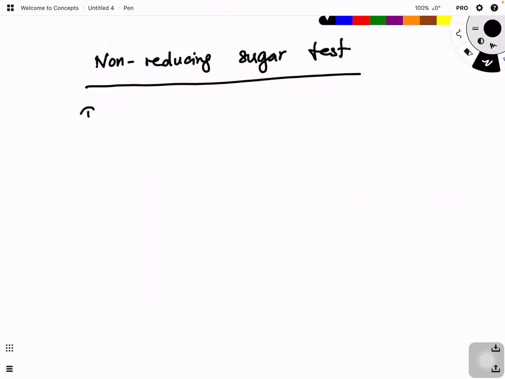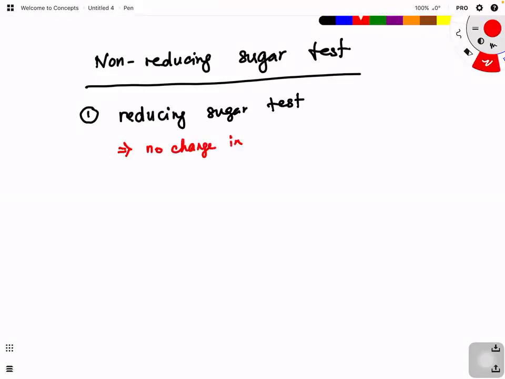First step, we always carry out the reducing sugar test first. What is the outcome? If the sample only contains sucrose, which is a non-reducing sugar, there is no change in the color. It means it remains blue. Correct or not? What is the conclusion?